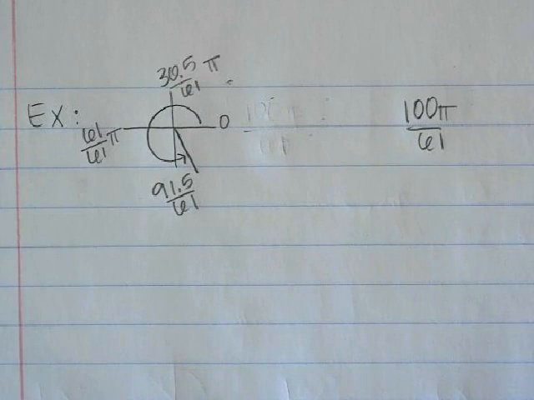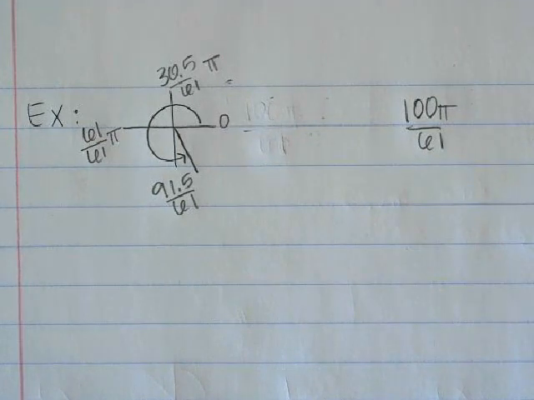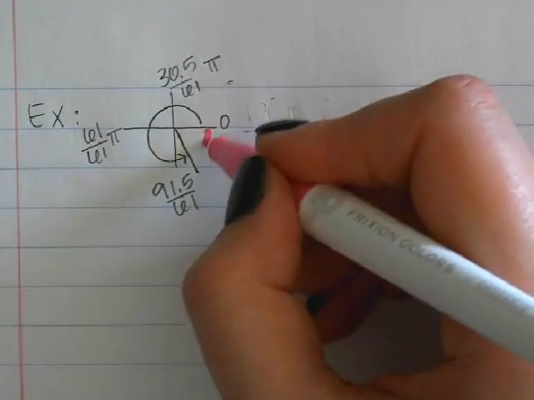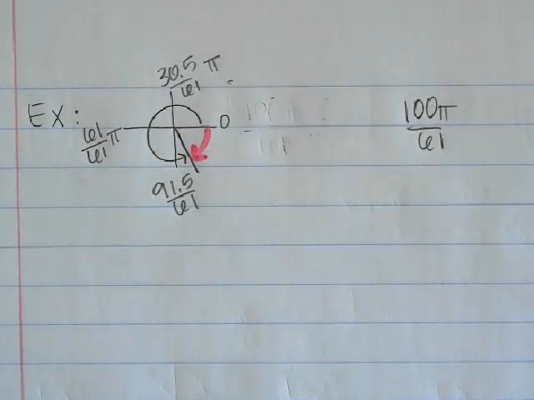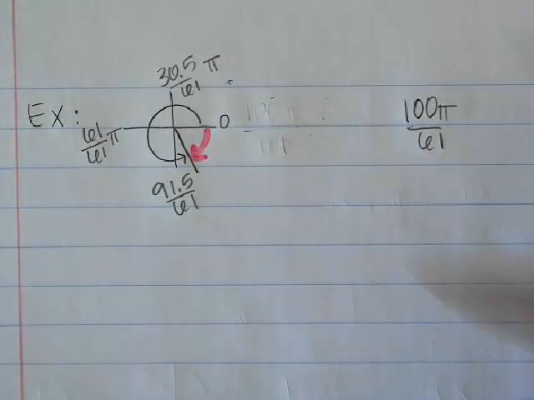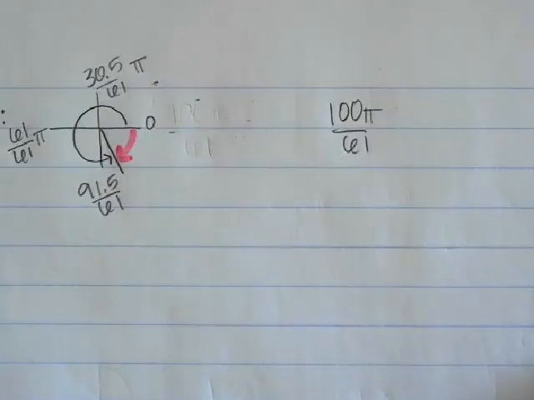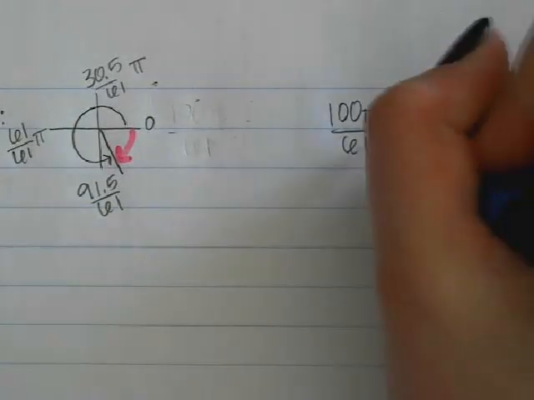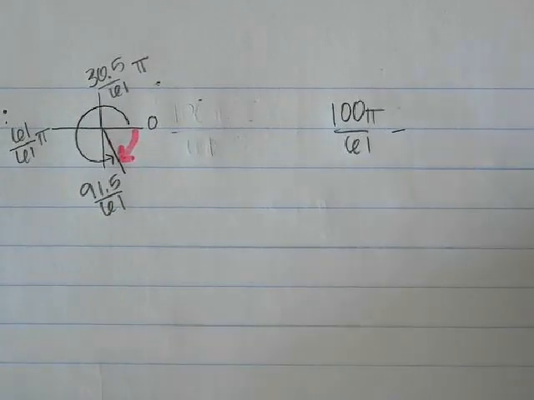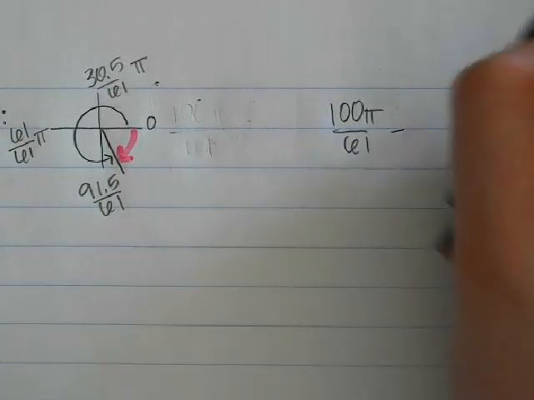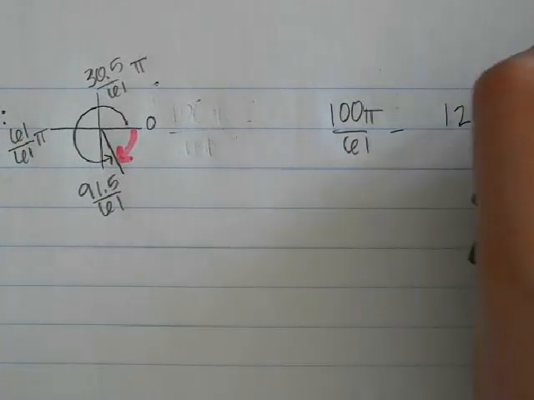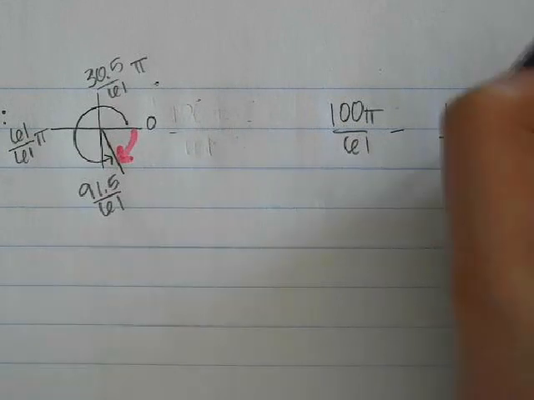What would the negative coterminal angle be? So if I were to measure it this way, negative 22. How did Jackie get that? Somebody other than Jackie. 100π over 61 minus 121, which is like 2π. 122 over 61.